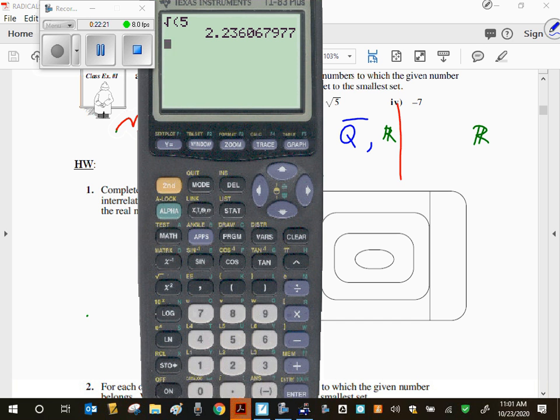What about -7? Is it natural? Is it whole? No. Is it an integer? Is it rational? There you go. And it's real. Good job. Now note this, please. Look at me here. Is that an integer?